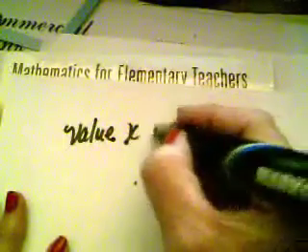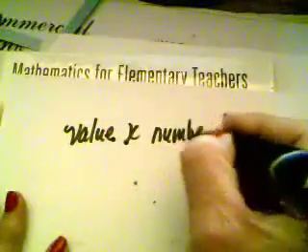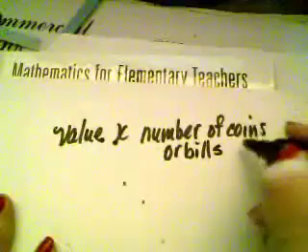When we deal with money, we take the value and we multiply it by the number of coins or bills that you have.